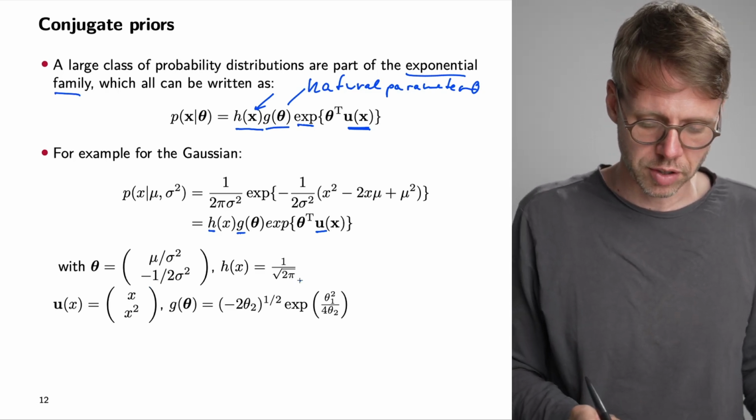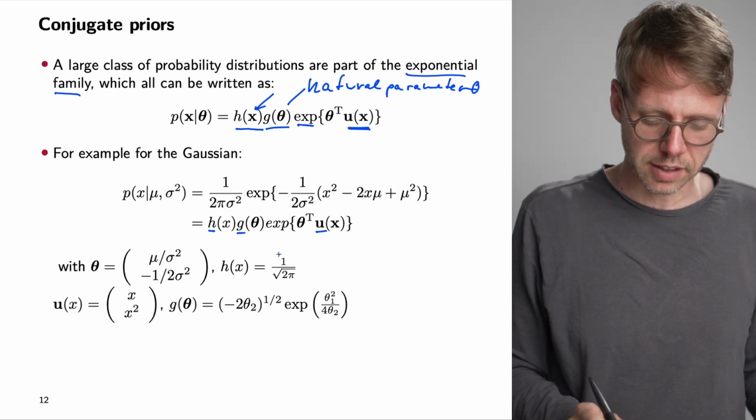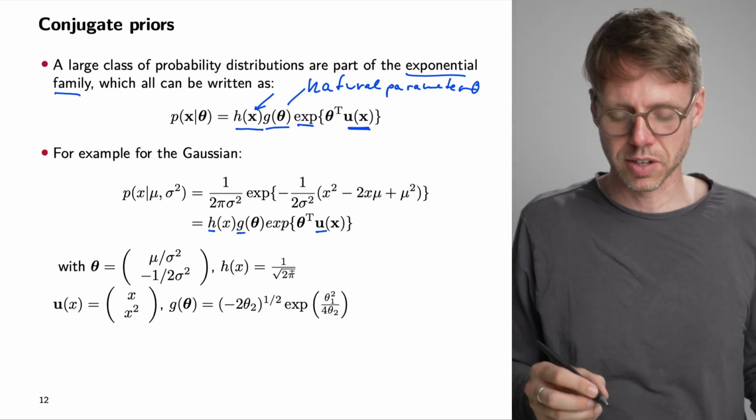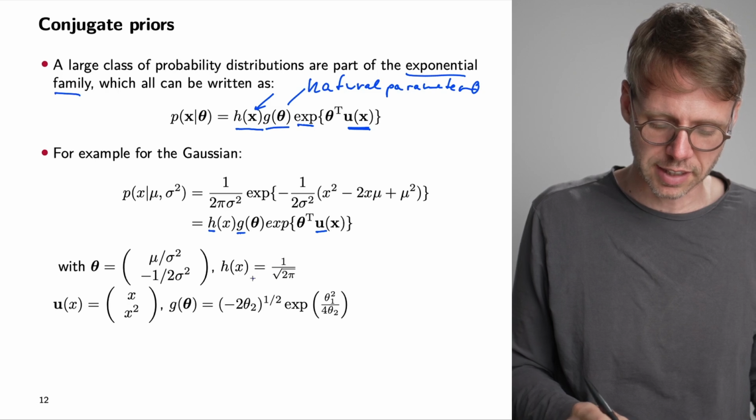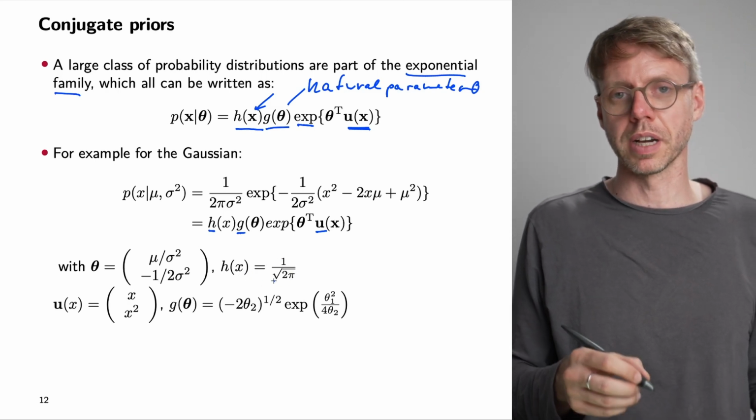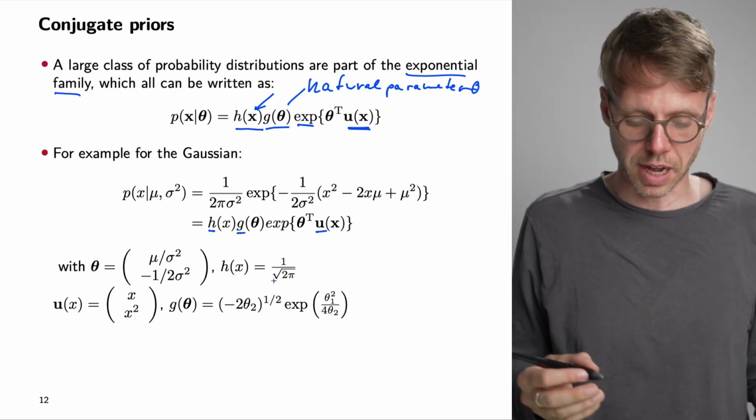Then h of x is actually a function that does not necessarily depend on x in this case. It's just 1 divided by the square root of 2 pi.